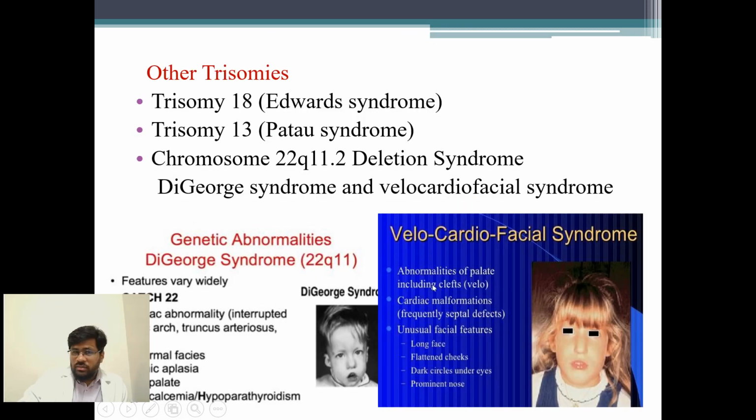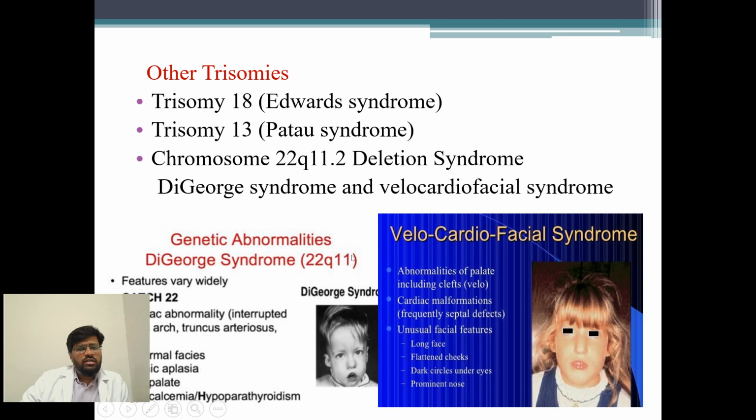The other examples of the trisomies are trisomy 18, which is known as Edwards syndrome, and trisomy 13, Patau syndrome. And chromosome 22, long arm 11 deletion syndrome, that's 22q11 deletion syndrome. There are two examples of this: DiGeorge syndrome and velocardiofacial syndrome.